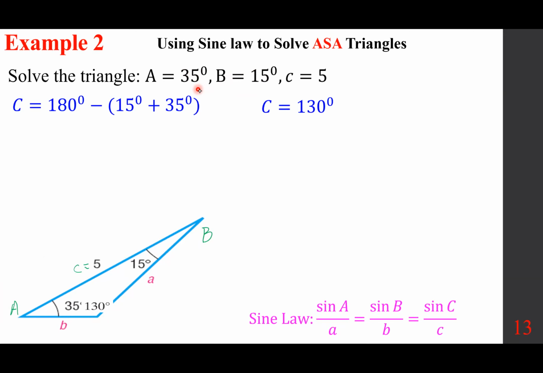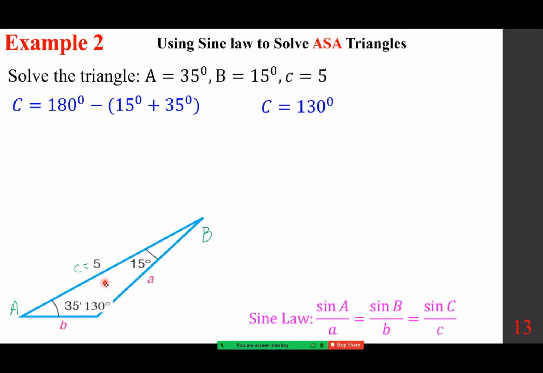Now we can write the sine law. So we have 35 degrees and we have lowercase a missing. We have 130 degrees and lowercase c given. So we have to use this. So this is sine c over c.